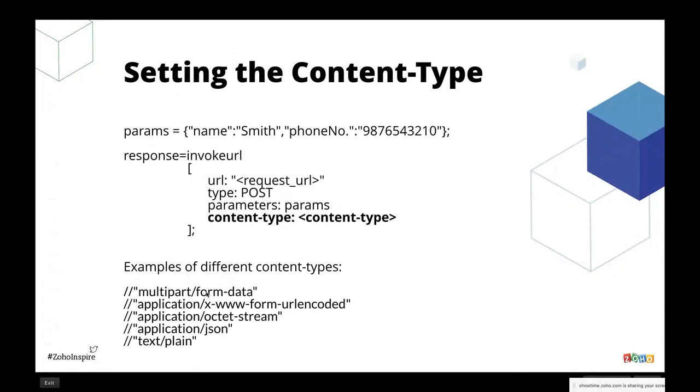This indicates that the request body is formatted in a specific way, and it can contain one or more sections with boundaries between each section, and they can contain different types of content in each part. When you submit a web form with different types of content, for example text fields as well as a file upload, this is the type of request that is generally used to send that information.